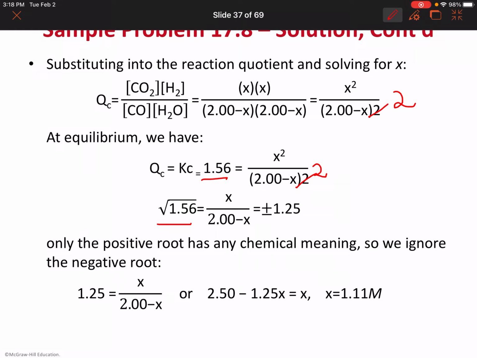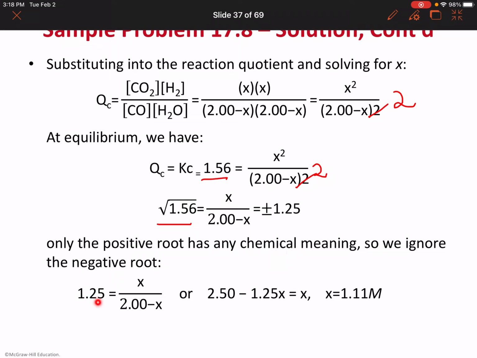When you take the square root of 1.56 on your calculator, you will get 1.25. Basically it's equally possible to get positive or negative, because negative times negative is also positive. So plus or minus 1.25. We're going to take only the positive root because the negative root has no chemical meaning, so we ignore it.